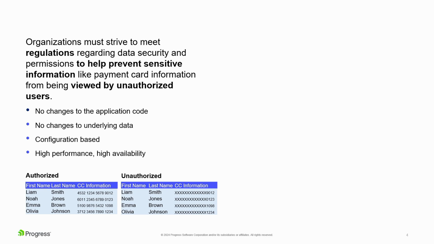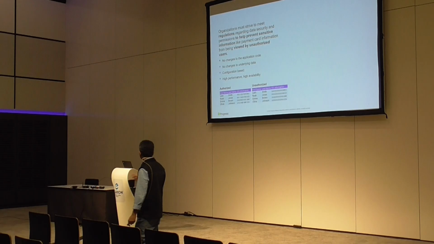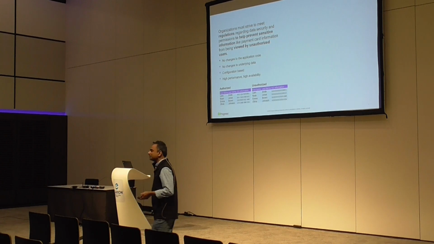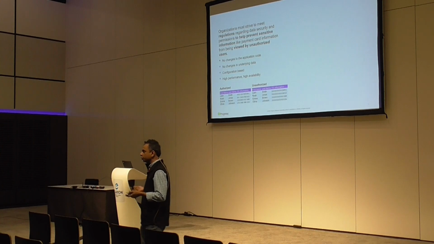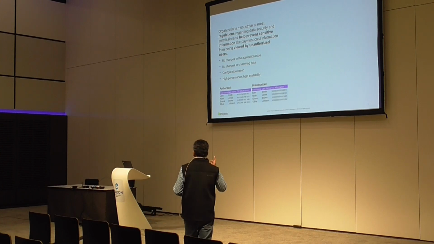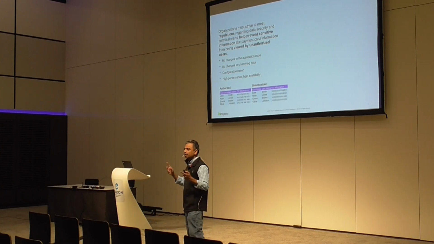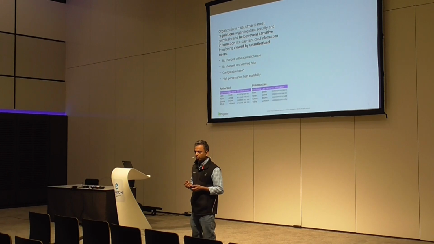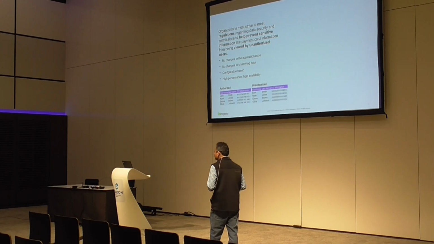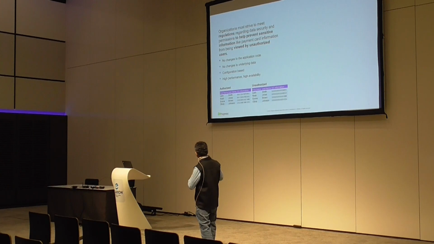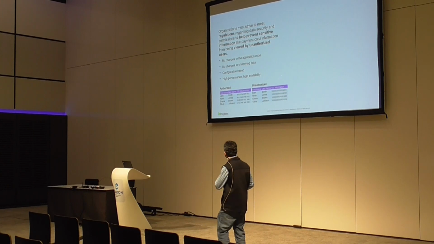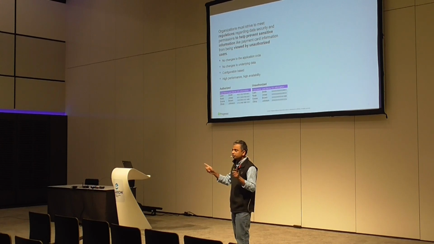And this business requirement comes with constraints. The first constraint is that customers have a legacy application, so they don't want to change the code. Whatever solution you build should not require changing any ABL code or any application code. The second constraint is that what is on the screen, what you are projecting to the unauthorized user, and what is in the database are different, so there is some conversion.